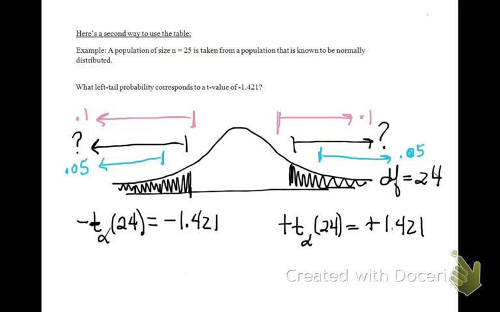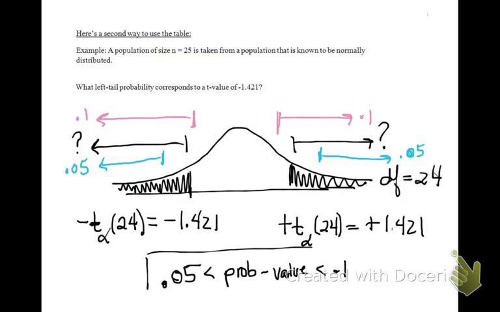And by symmetry, we know that this value for the upper tail is the same as the probability for the lower tail. So in our answer, I'll just give bounds on this probability. I know that the probability value is bounded somewhere between 0.05 and 0.1.